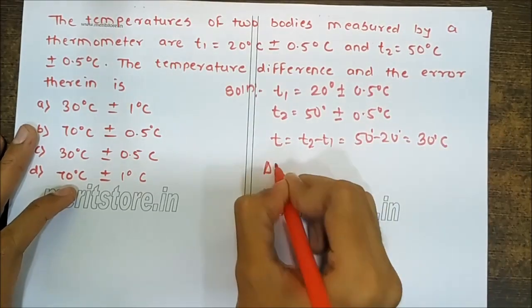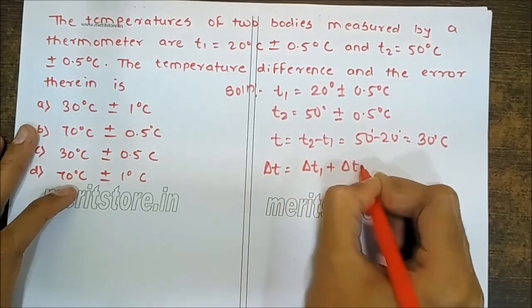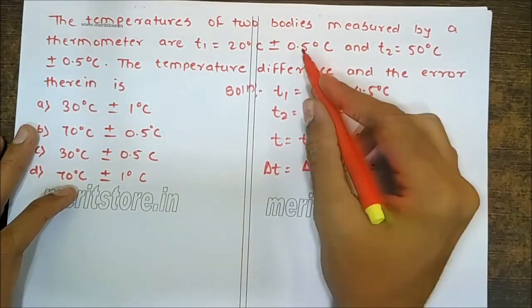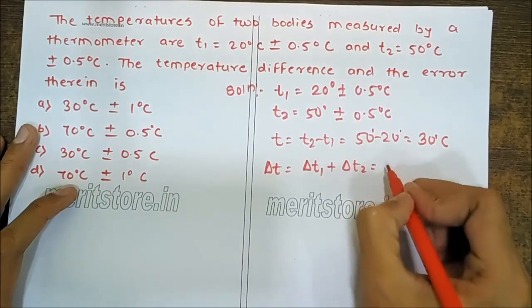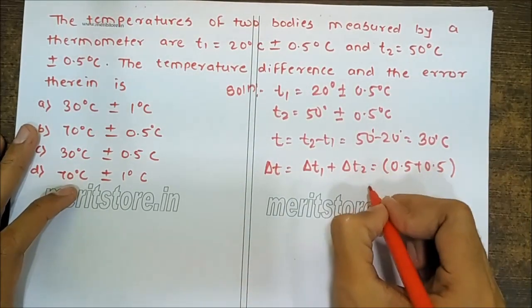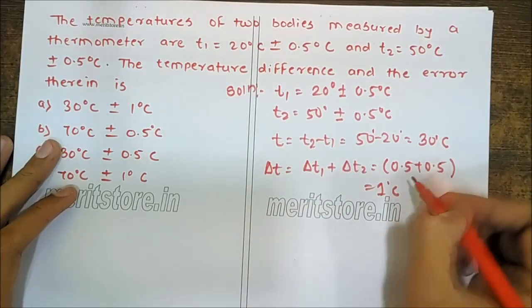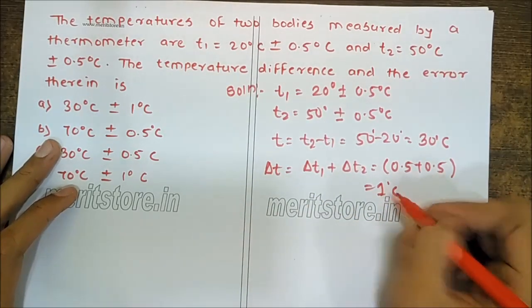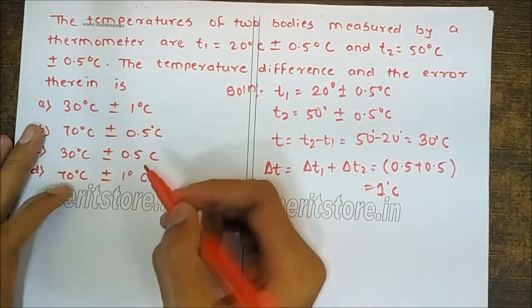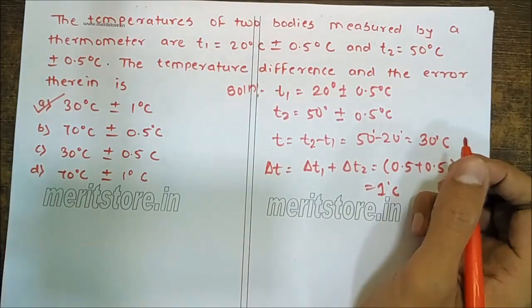The error delta T is the error in T1 plus the error in T2, that is 0.5 plus 0.5, which gives 1 degree Celsius. So the temperature difference is 30 degrees and the error is plus minus 1 degree Celsius. So 30 degrees plus minus 1 degree Celsius is option A, the correct option.